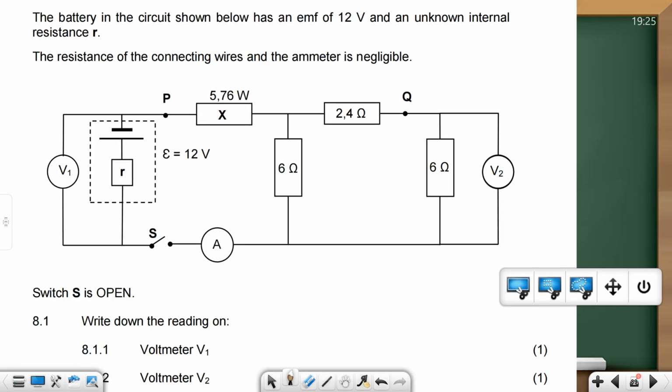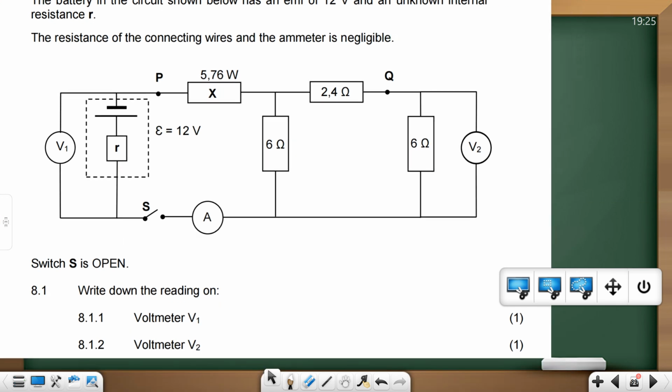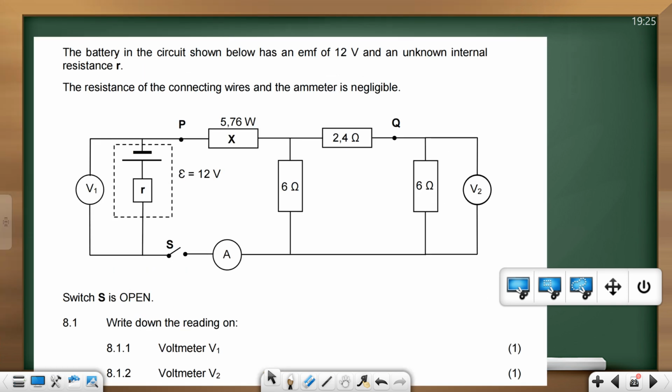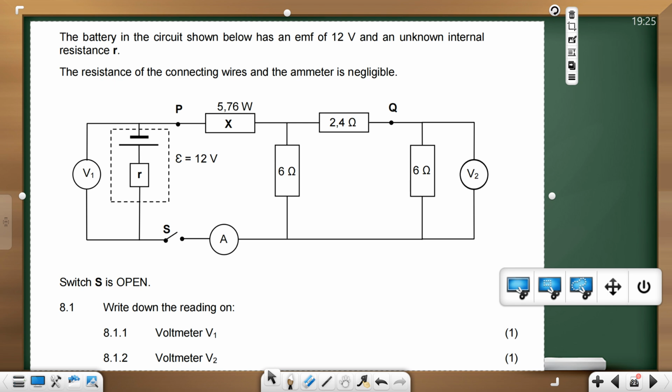Okay, let's answer the first part. Just 2 marks. But these 2 marks, I promise you can lose them. You got it right? Yeah, I got question 1 right. All right, let's see. The battery in the circuit shows an EMF of 12 volts and an unknown internal resistance, the resistance of the connecting wire.